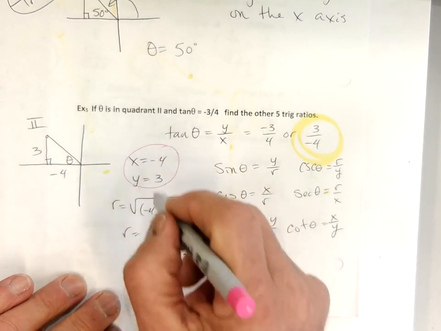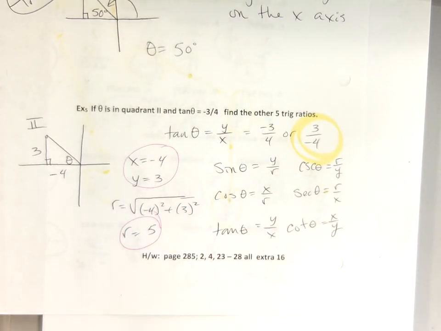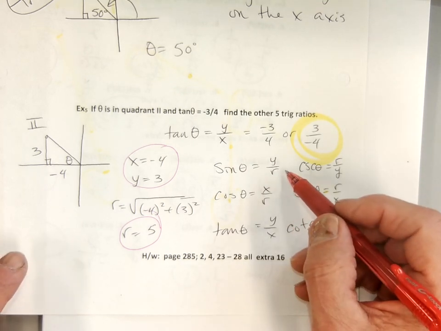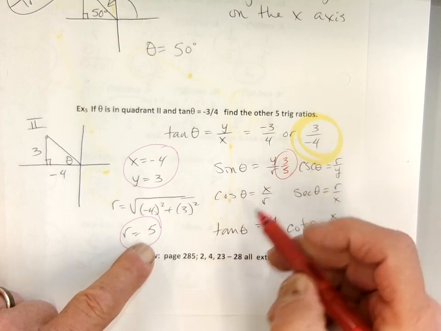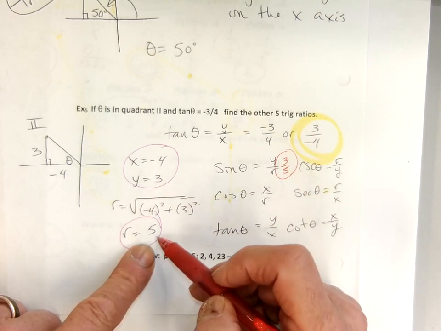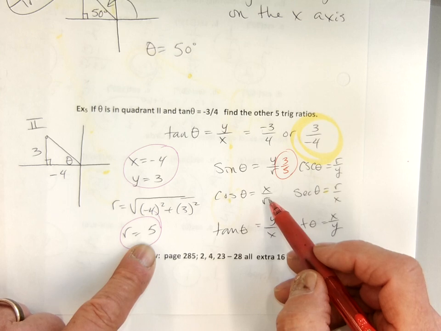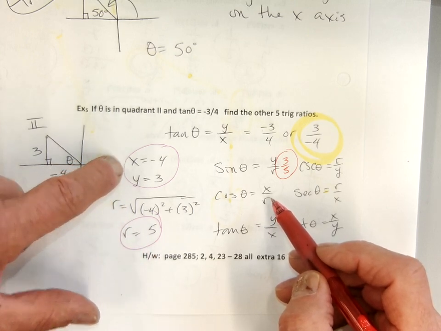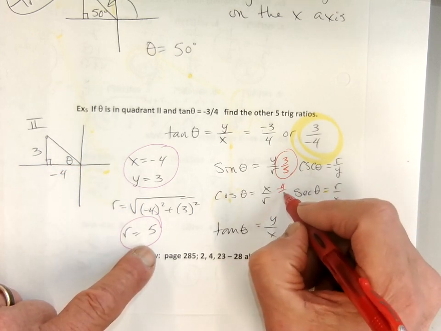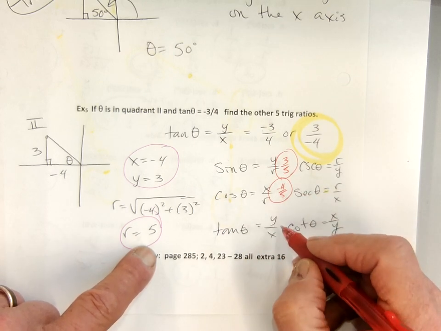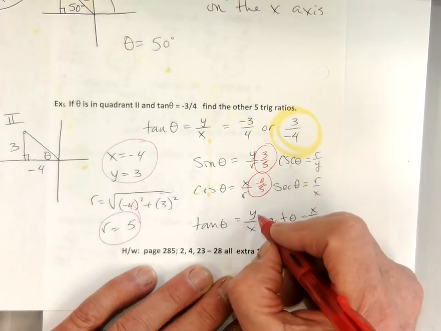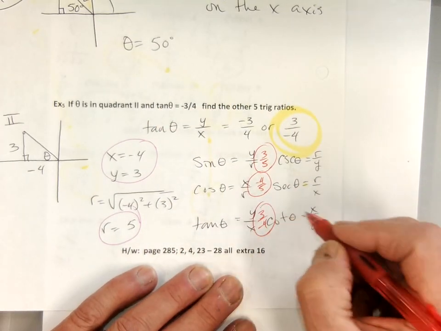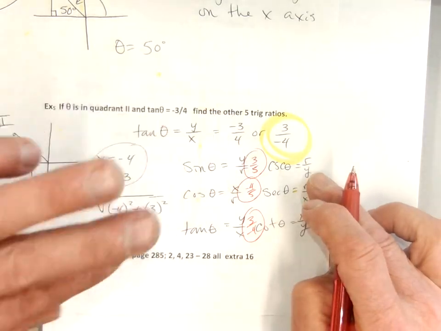We use these numbers, right? These values. And so, sine of theta, 3 over 5, because it's the y over the r. Cosine is negative 4 over 5. Tangent is 3 over negative 4. We kind of knew that one though, didn't we? Cosecant, just flip these.